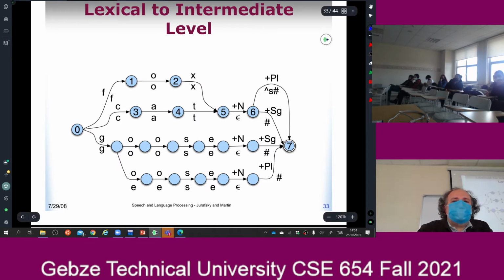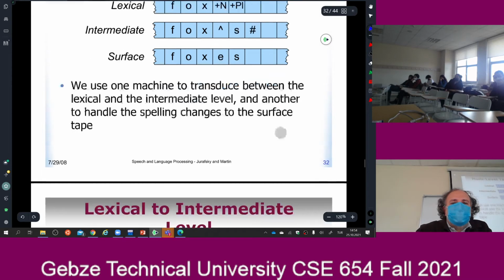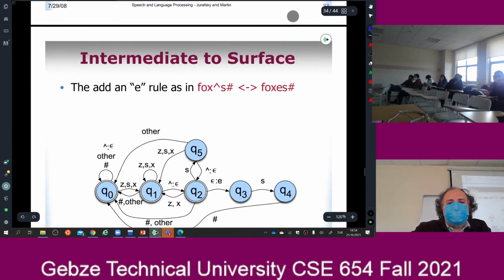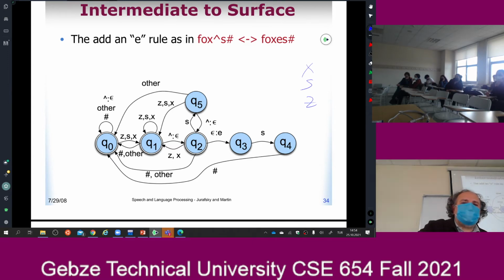This one doesn't care, because I already handled this between here and there. But how about this one? Intermediate to surface. Do you guys remember what I was trying to do? There was an X, S, and Z. This one tries to convert these foxes to fox caret S.